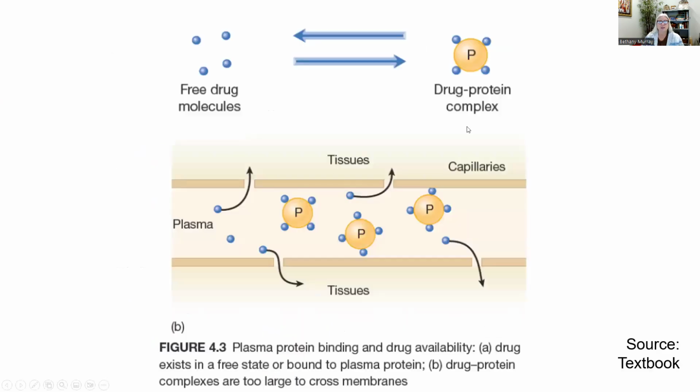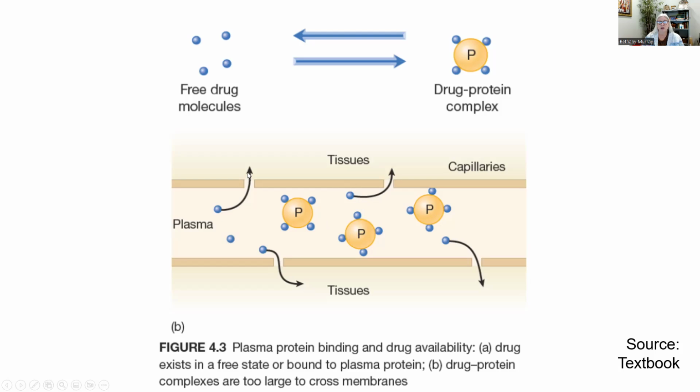Okay, so here's another example of this. Here are some free medication molecules. The P stands for protein molecules. The highly protein-bound drug binds to the protein molecule. It's in the plasma. This middle bar represents a blood vessel. So the molecules are absorbed, they float around, they encounter some protein molecules, they attach and form this complex.